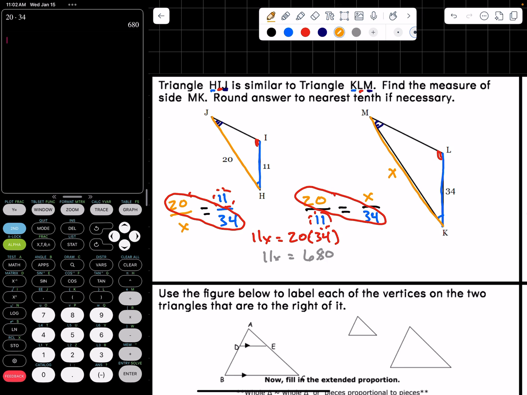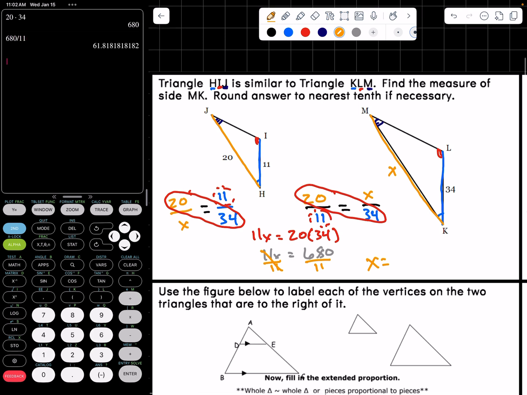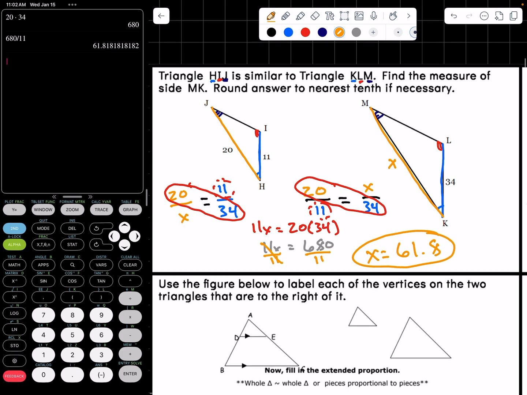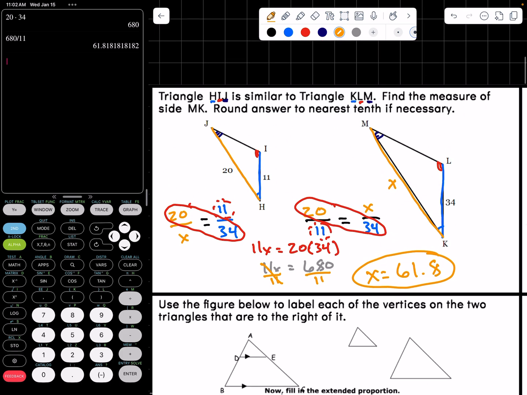And then to solve, I'm going to divide both sides by 11. Therefore, x equals 680 divided by 11. I get 61.818, and it told us to round to the nearest tenth. So there's our answer.